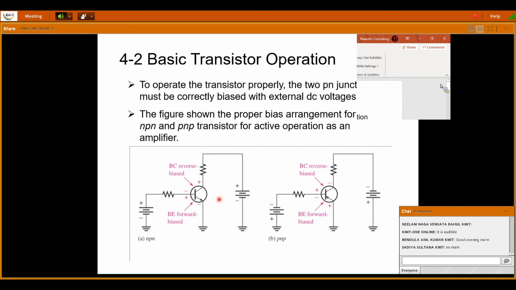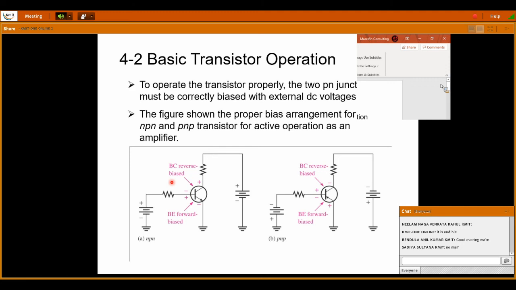Now, why reverse bias your output junction, and why we forward bias your input junction, that will explain the operation of the transistor. Always remember, the practical applications of your transistor: it can be utilized as a logical switch which can give you output of 1 and 0, as well as an amplifier.